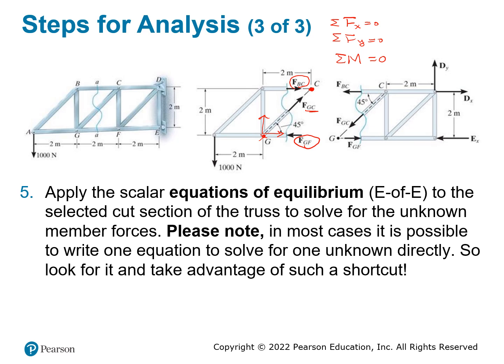So all I need for the moment calculation is the force GF and the 1,000 Newton force that will create the moment. So you have three equations, you have three unknowns, and then you can solve the problem directly.